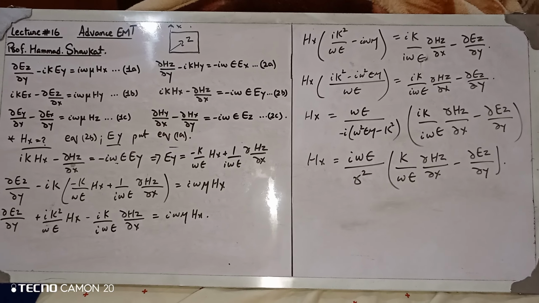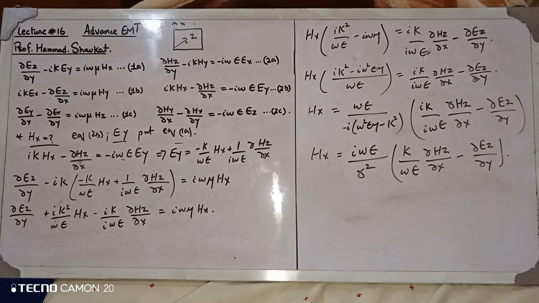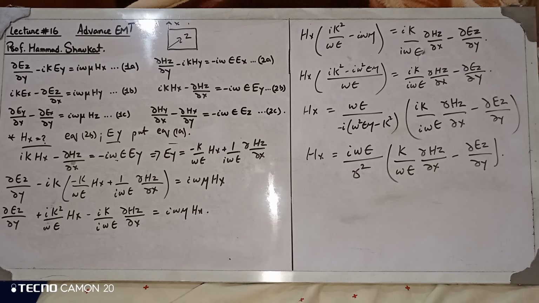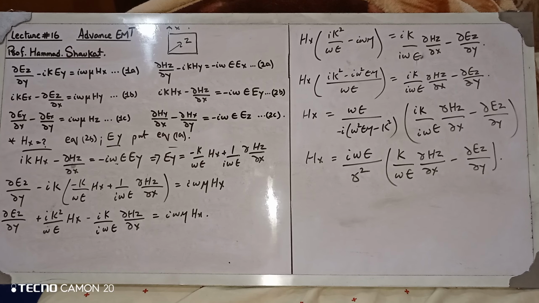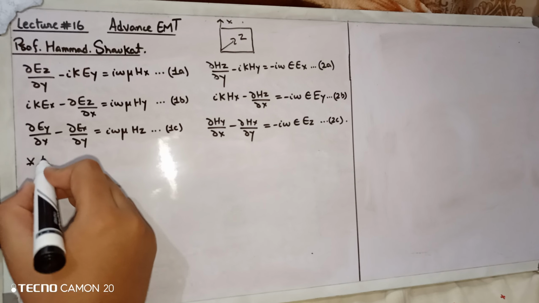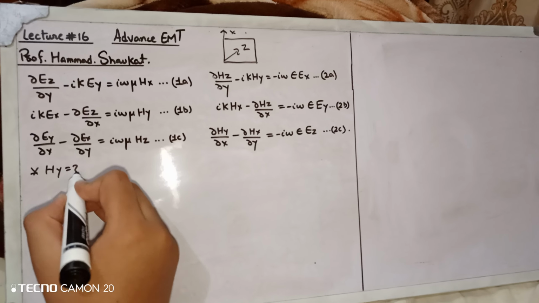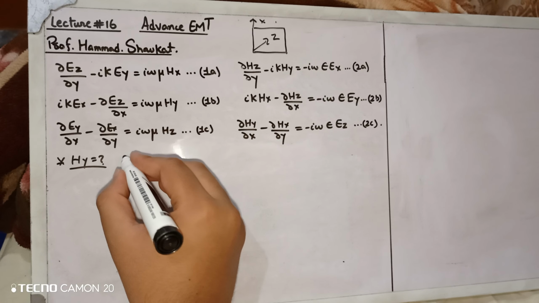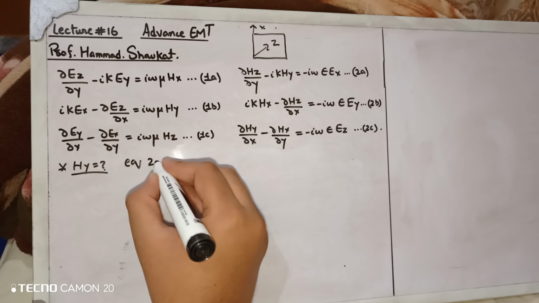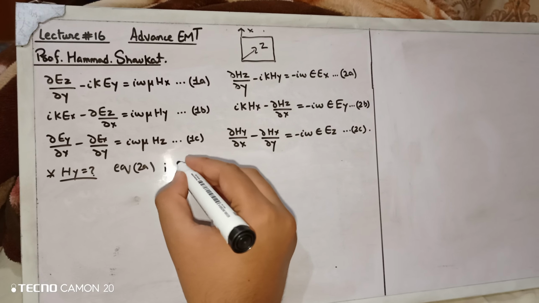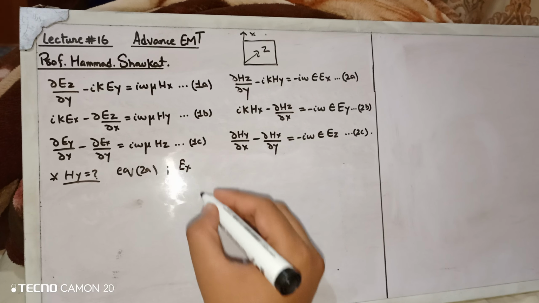Okay, now we have to do the same procedure to find the value of Hy. So let's start. To find the value of Hy, we have to use equation 2a. By using equation 2a, we have to find the value of Ex.